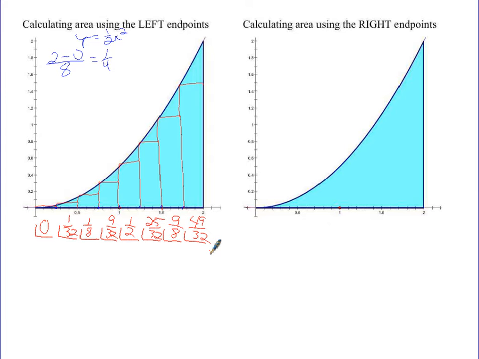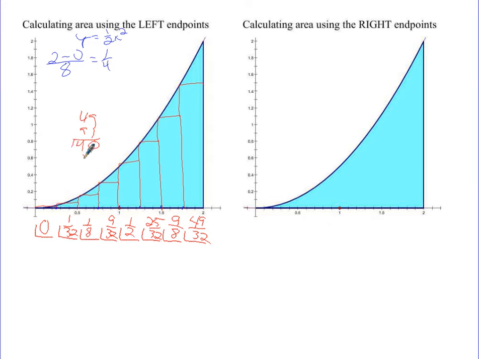I know y'all can. So we have 1 32nd plus 4 32nds, so we're at 5, plus 9, so we're at 14, plus 16, so we're at 30, plus 25, 55, plus 36, 91, plus 49. 140 32nds.